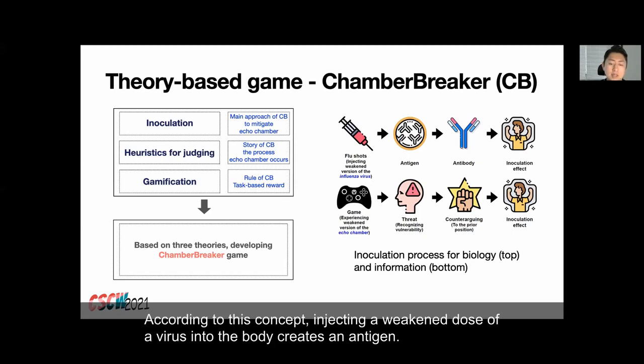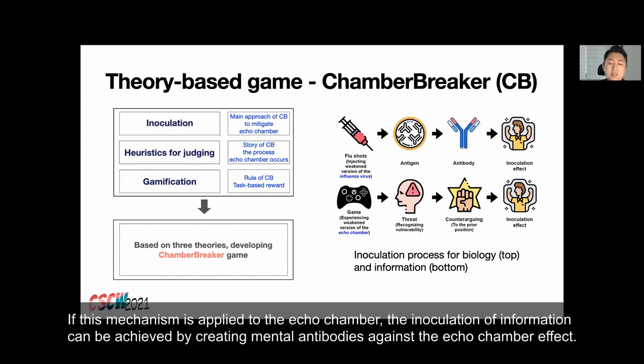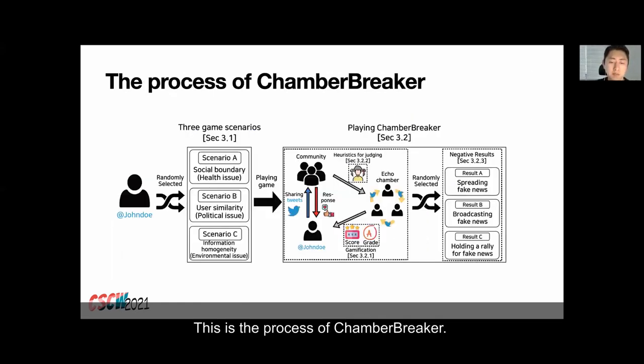According to this concept, injecting a weakened dose of virus into the body creates an antigen. The antigen produces antibodies that create an immune response and resist future infections. If this mechanism is applied to the echo chamber, the inoculation of information can be achieved by creating mental antibodies against the echo chamber infection. This is the process of ChamberBreaker.